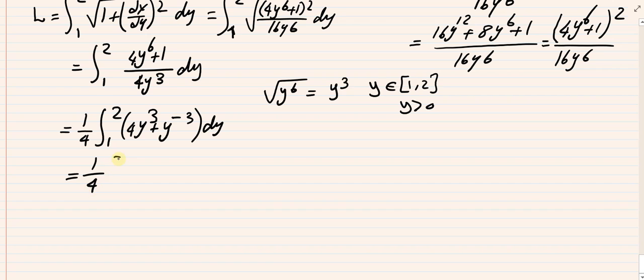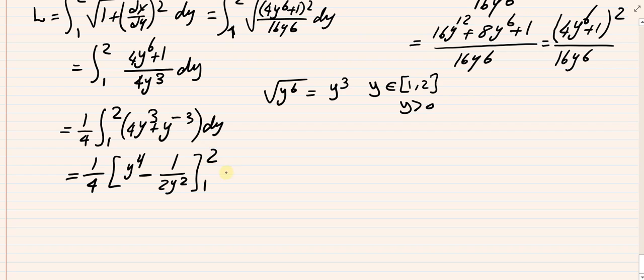And the actual integration now, that's going to be y to the 4th over 4, the 4's cross out, minus 1 over 2y squared. That's the integral of y to the negative 3. Remember, negative 3 plus 1 gives you negative 2. That's why y is in the denominator. Divided by negative 2, and there you have it.